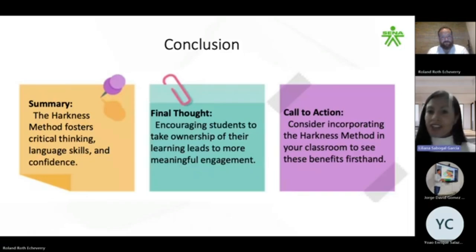They kept the conversation going. I was so happy because of that. And we can say that the Harkness method fosters critical thinking because they were talking about important things like the role of the women in the past, and it encourages students to take ownership of their learning. They were speaking freely.